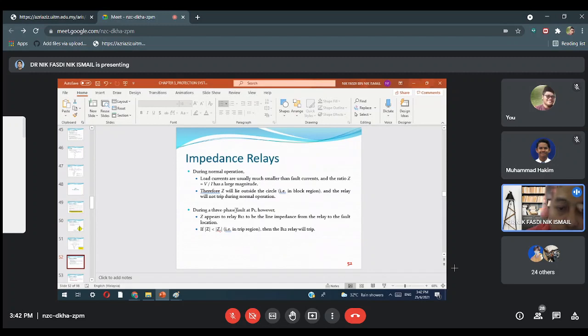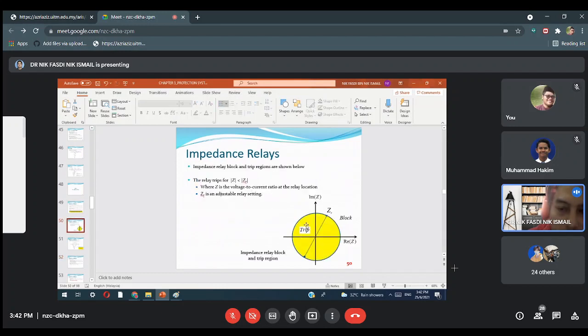During three-phase fault at P1, however, Z appears to relay B12 to be the line impedance from the relay to the fault. You tahu kalau fault ni, I akan increase, akan rise up. So what happens, Z akan jadi smaller. So basically dia akan be located inside this circle.